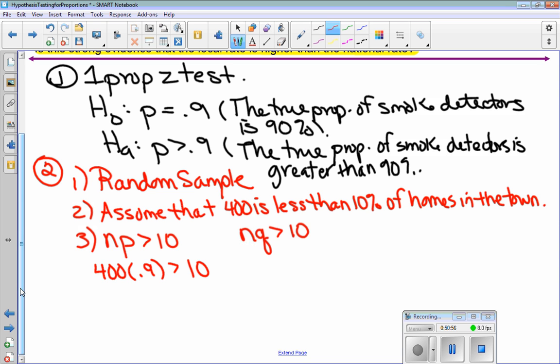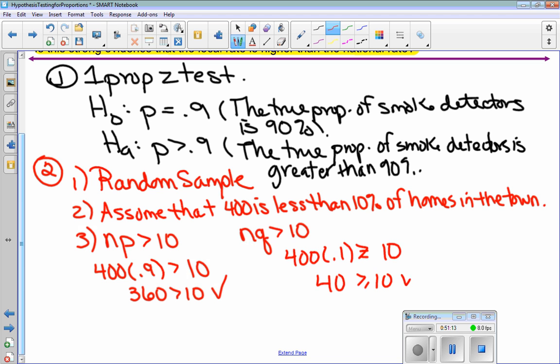What's 90% of 400? 360. Definitely bigger than 10. And then nq is 400 times 0.1. So what's 10% of 400? 40. Also bigger than 10. So it satisfies all of our conditions. Woohoo! We don't have to proceed with caution. Yay! Two thumbs up.